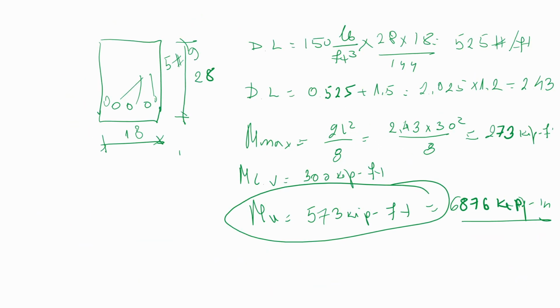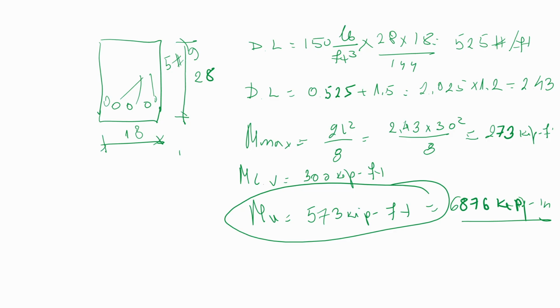So what I have to do next? Now I need to realize how much really I have dead load. So I have 150 pounds per cubic feet for a weight of concrete times 28 times 18 over 144, which will give me 525 pounds per feet. And my total dead load now will be 2.025 times 1.2, which is 2.43 kips per feet.